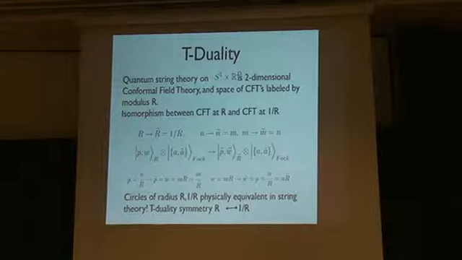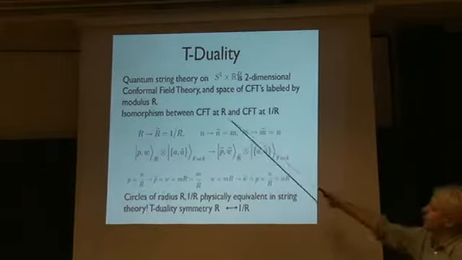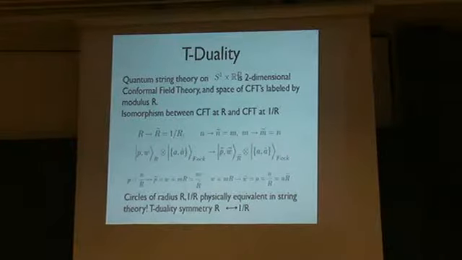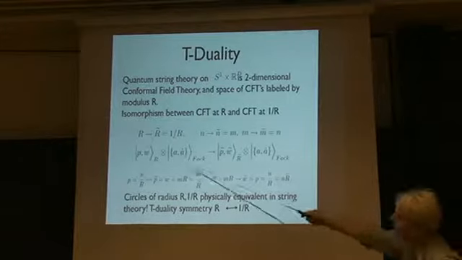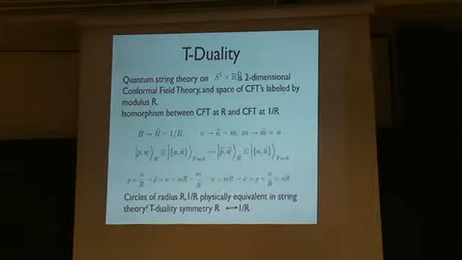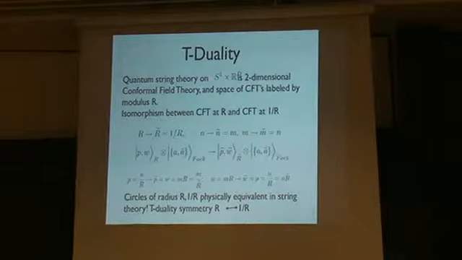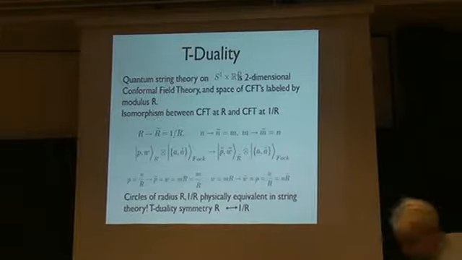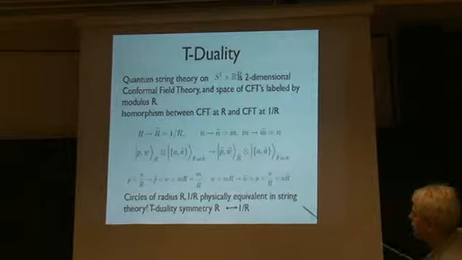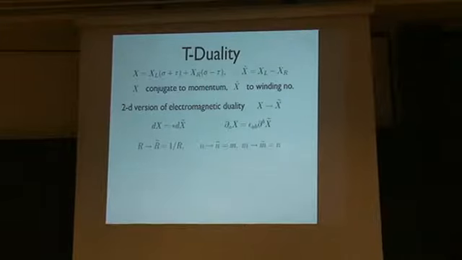And so what we have is an isomorphism between the conformal field theory at the radius R and the one at radius 1 over R, where we're swapping momentum and winding and relating states in one space to states in the other space. And there's a missing minus sign in front of one of the oscillators here. So we're finding that large and small circles are equivalent in this sense.